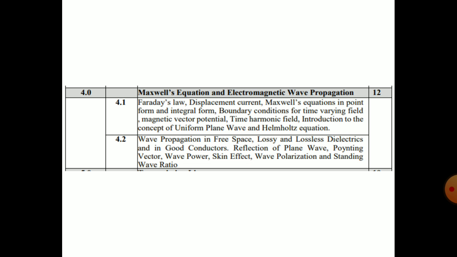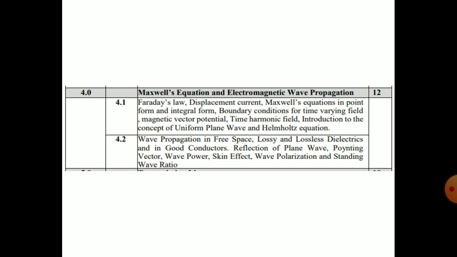What was happening, when we were using the electric field, we used different theorems, like Coulomb's law and Gauss's law. But the problem was that Coulomb's law and Gauss's law were related to static charge, not dynamic charge.